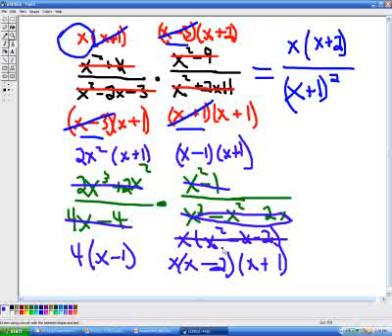Okay? Then we look for common factors. We factored the numerators, factored the denominators, and then cancel common factors. Well, we have a common x plus 1 there and there. We had it up there too. We could have hit that one just as easily. We have a common x minus 1. Anything else that's common?